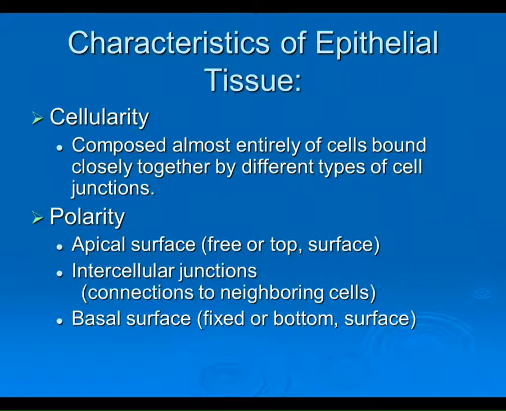Now, we know that epithelial tissues are bound together tightly. And I've also introduced the idea of apical and basal, so that cells have a free surface and a basement layer, or they have a polarity. They know their north pole from their south pole. We also see that during mitosis.